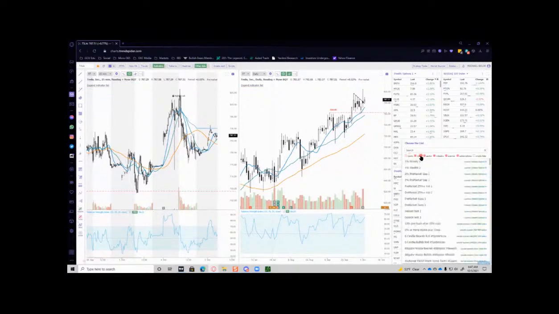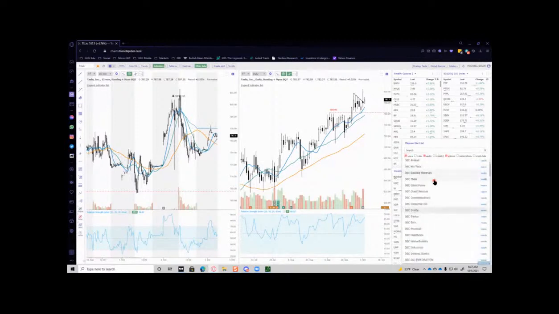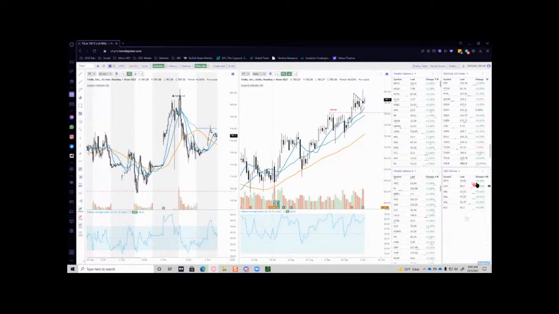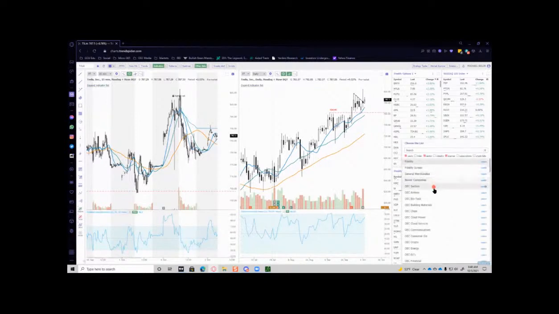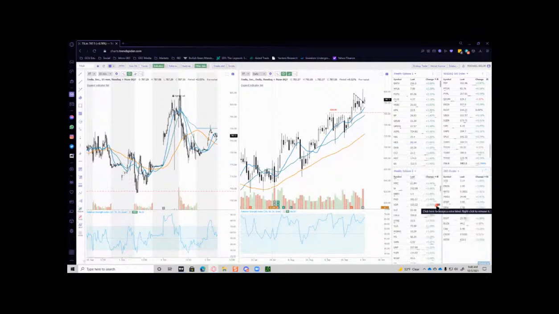But when we get rid of those and we start looking at things from the sector perspective, airlines are looking really good this morning, for an example. So I would be focused on airlines. Crypto got back above 50. So, take a look at crypto this morning.